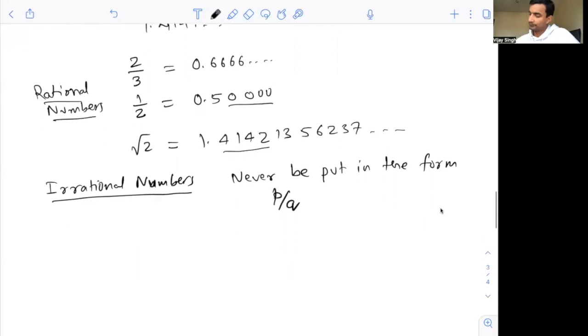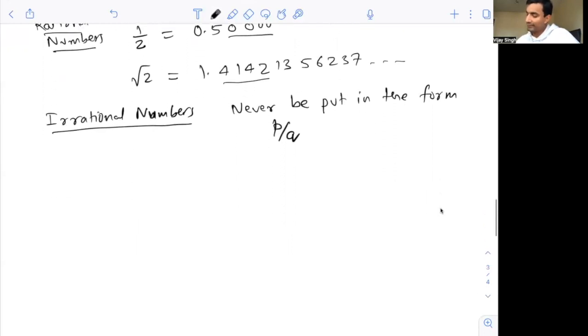So now if you look at our numbers, we had 0, we had 1, we had 2, we had 3, and so on. Similarly, we had -1, -2, -3. These were our integers. We defined rational numbers as the numbers which were of the form P over Q, such as 1/2, -1/2, 3 over 2, -3 over 2, and so on.